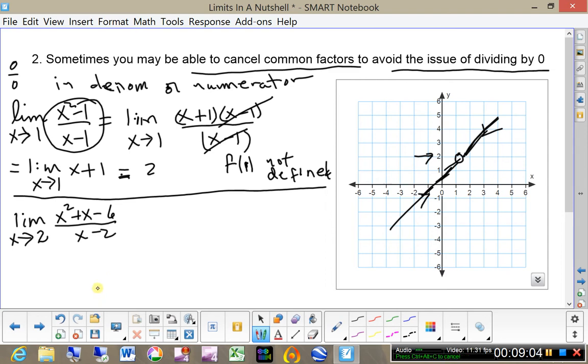Well, you plug in, you're going to be dividing by 0, but notice that this is equal to the limit as x approaches 2 of x minus 2 over x plus 3. So now you got to remember how to factor.